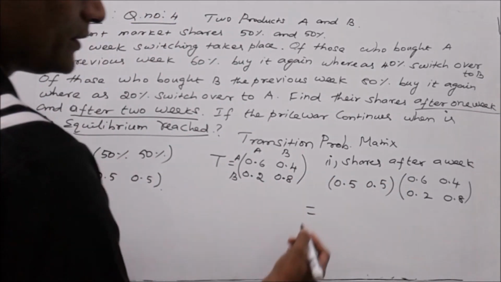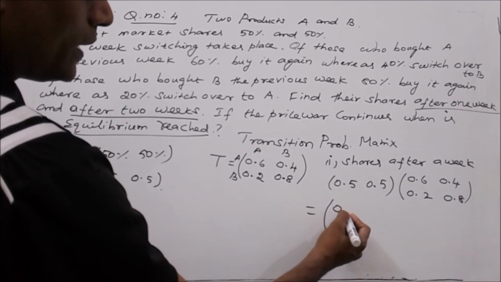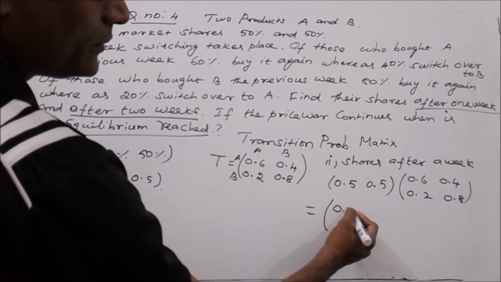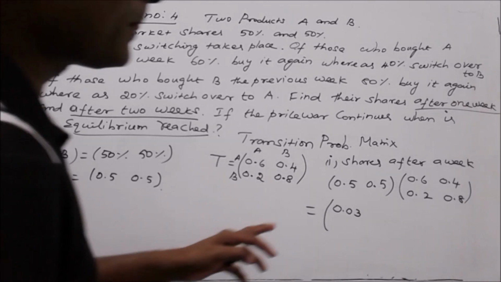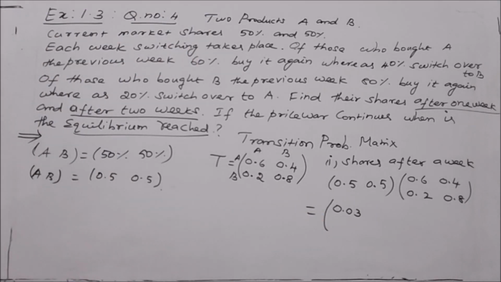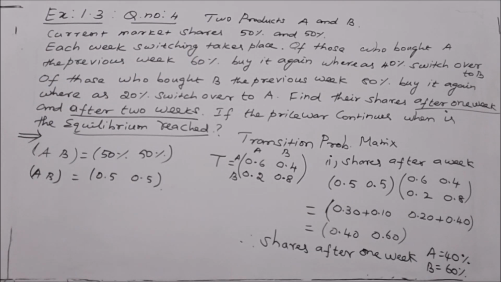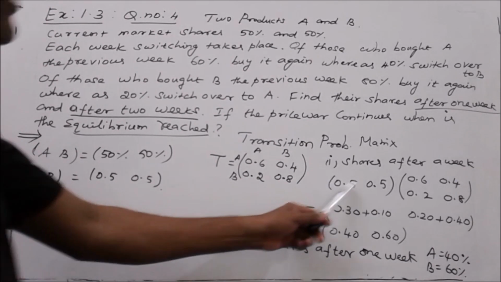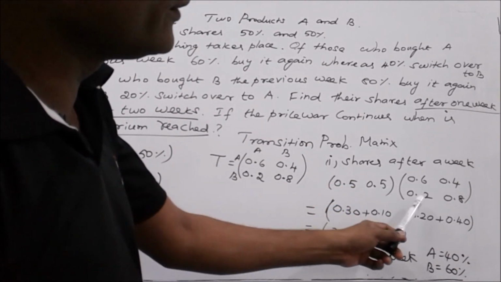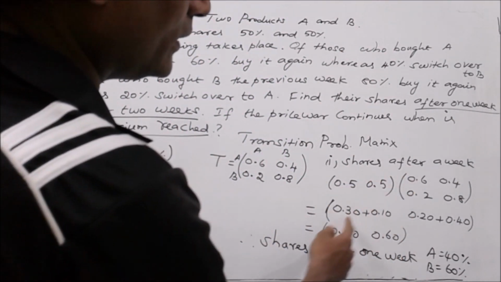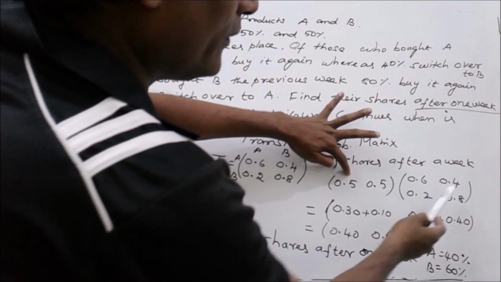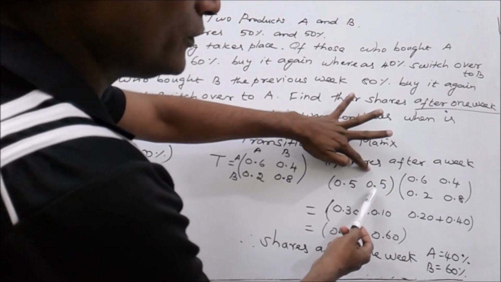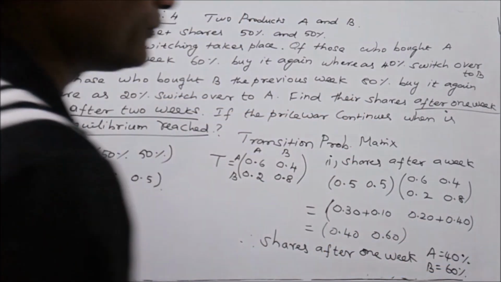That is equal to 0.5 into 0.6, and then 0.5 multiplying 0.2. These two yield 0.30 and 0.10, and 0.5 times 0.4 is 0.20, 0.5 times 0.8 is 0.40.